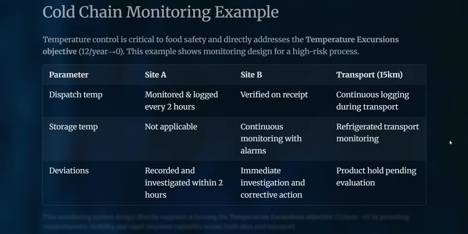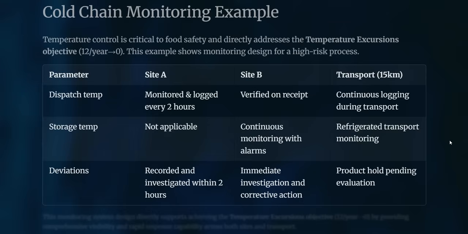The first parameter, dispatch temperature. Site A will monitor and log the temperature every 2 hours, and Site B will verify the temperature log on receipt. And in transport within 15 kilometers between Site A and Site B, continuous logging during the transport is mandatory.